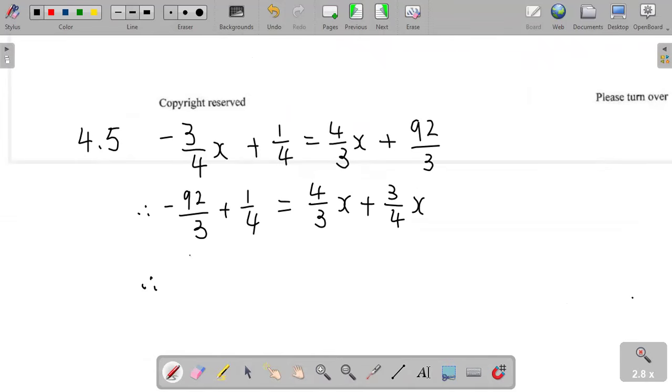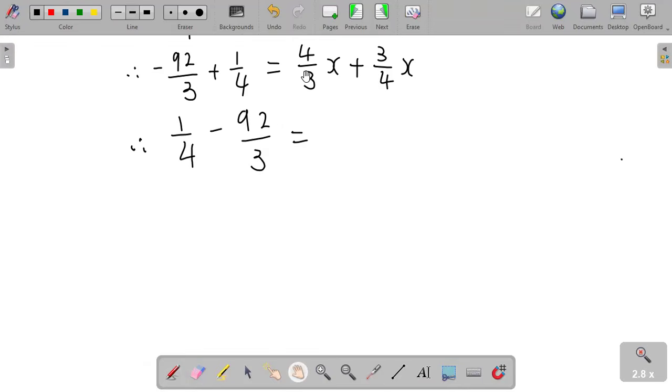So then it's going to be 1/4 minus 92/3 equals, so you use a calculator here, you add the two fractions here. 4/3 plus 3/4 gives me 25/12x.